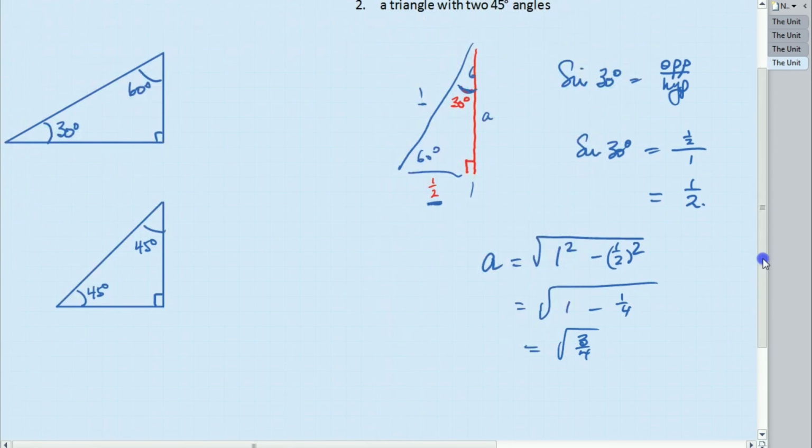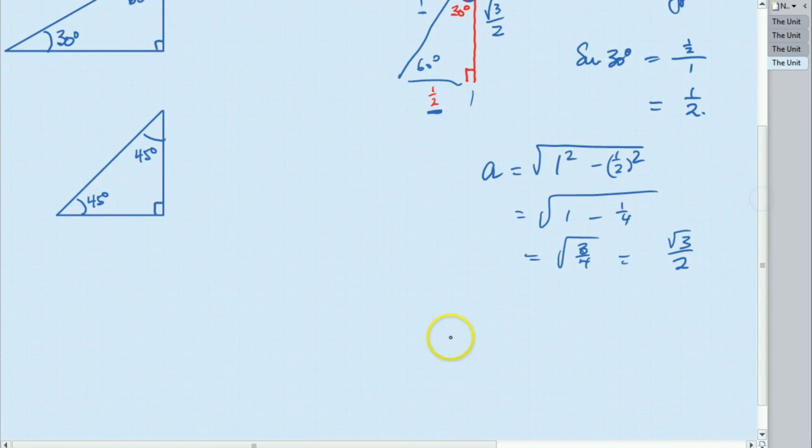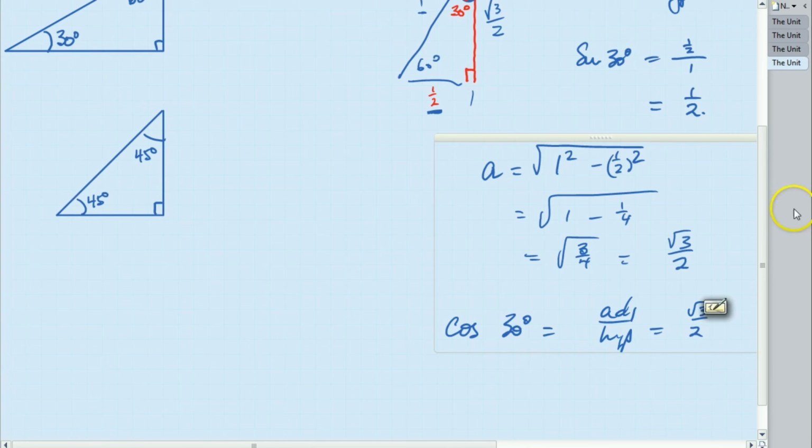And the square root of 3/4 is equal to root 3 over 2. So this side length here is root 3 over 2, and therefore cos of 30 degrees is equal to adjacent over hypotenuse, which is root 3 over 2 divided by 1, or in fact that's just root 3 over 2.